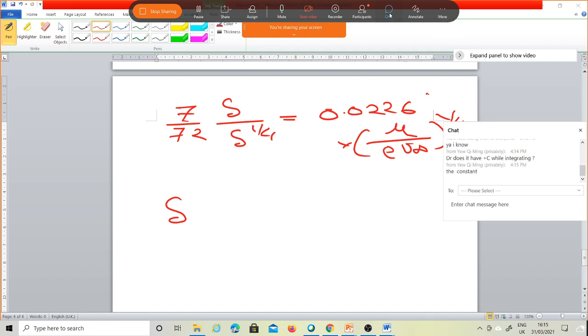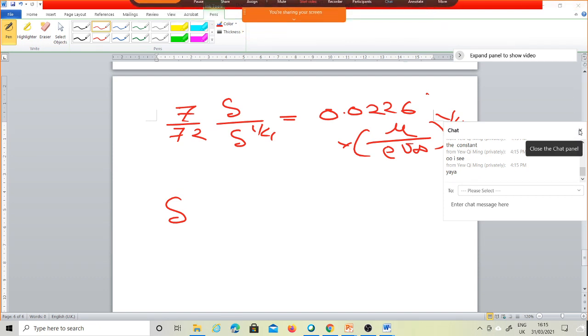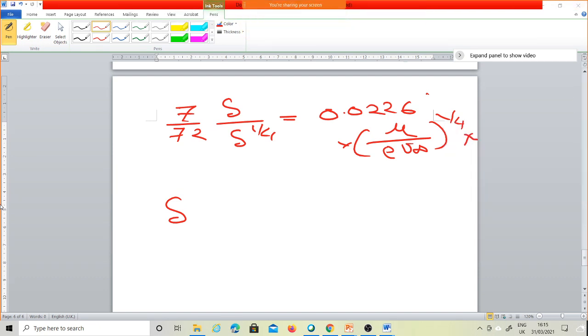Yeah, you can put the integrating constant c, but later on if you put the boundary condition, you will see that most of the time the c is 0. So in short, you just ignore it. You can check by putting in the values, and you will get the integrating constant to be 0.